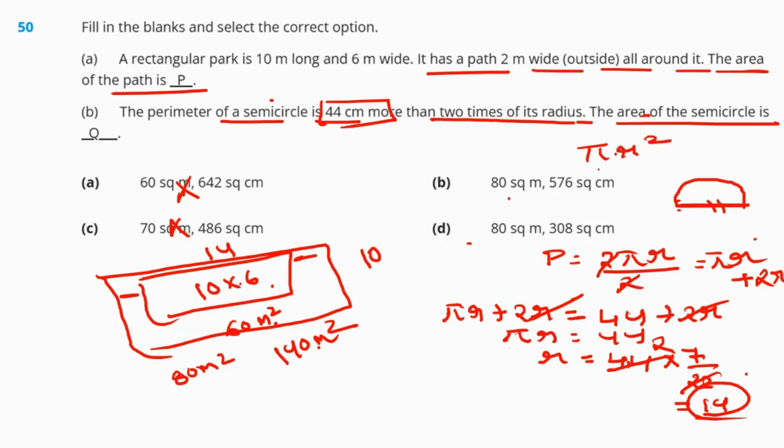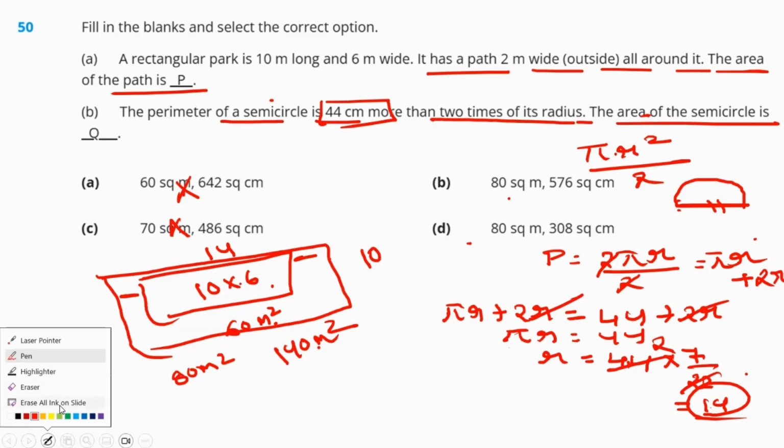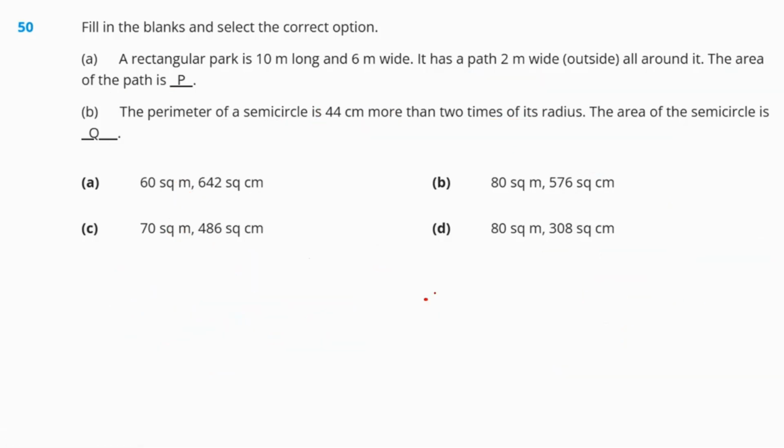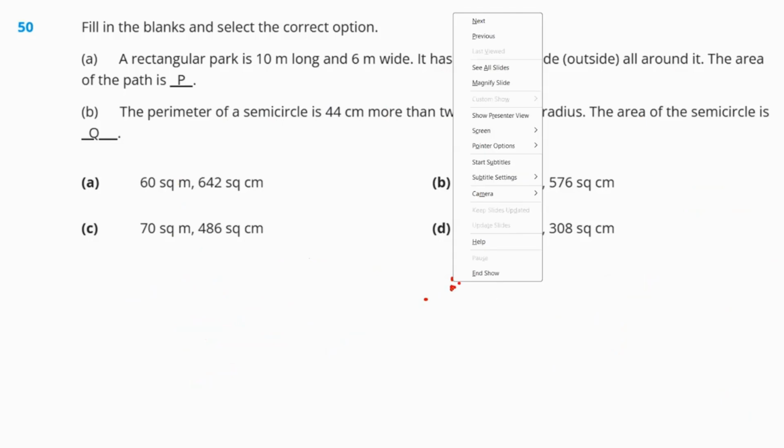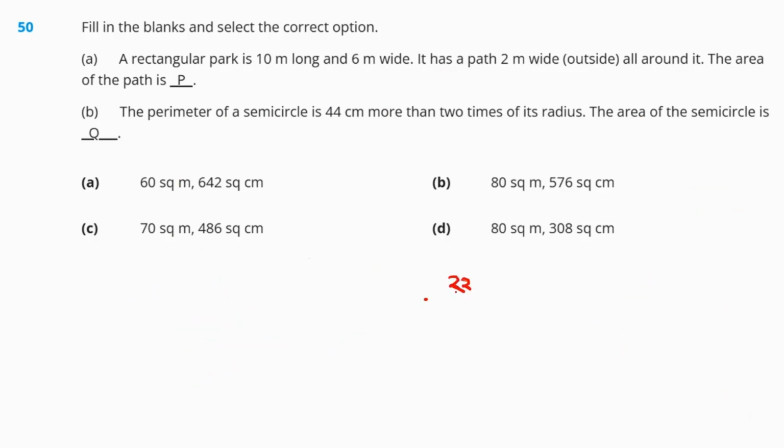The formula to area is pi r square, and since it's a semicircle, divided by 2. We can simply over here substitute the value of r and pi, and that gives us the whole thing. The area for the semicircle would be pi is 22 by 7 multiplied by radius. We found out to be 14.